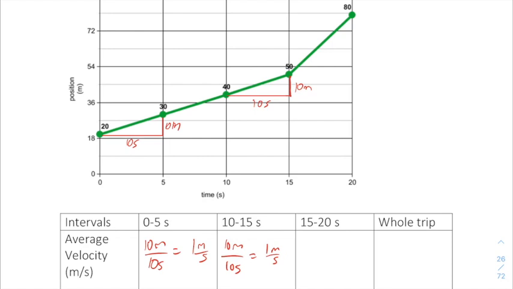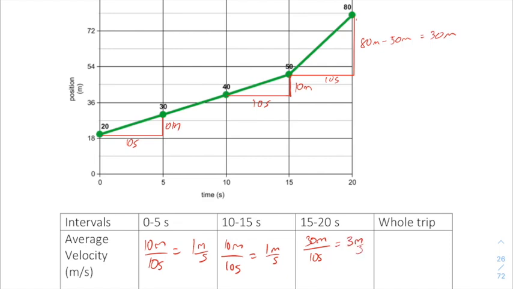But if we go from 15 to 20 seconds, we can see the change here is we ended at 80 meters away and we started at 50 meters away. So that gives us a total of 30 meters moved, but we still have only moved 10 seconds. So 30 meters over 10 seconds gives us 3 meters per second.